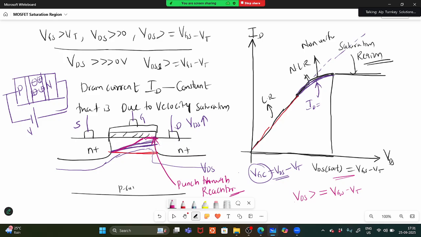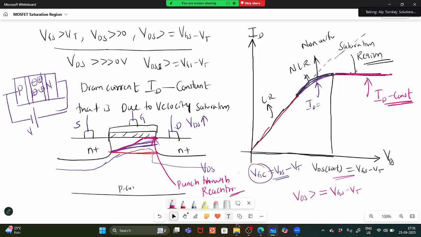In saturation, the drain current gradually converts from non-linear to constant. This means the drain current ID becomes constant in the saturation region. Is it fine? Yes, sir.